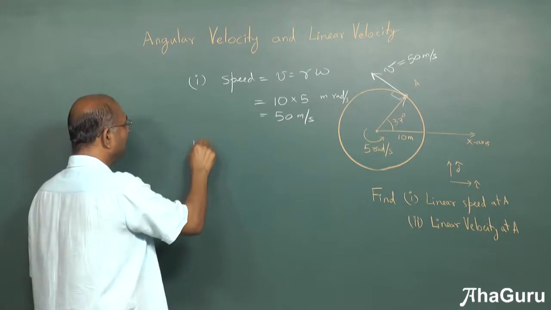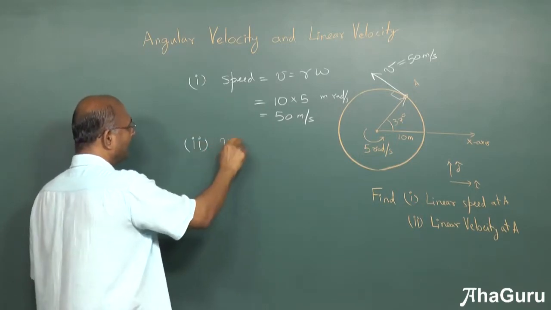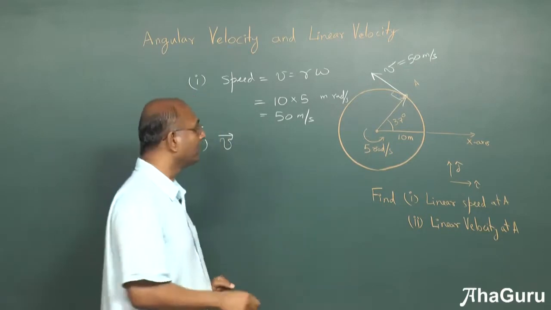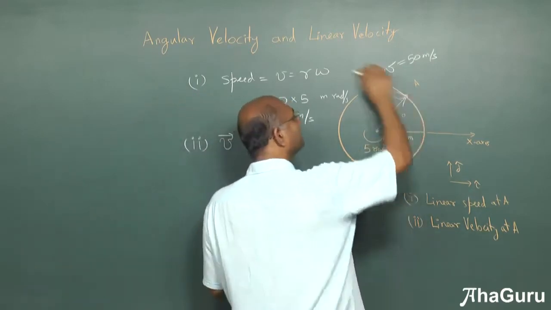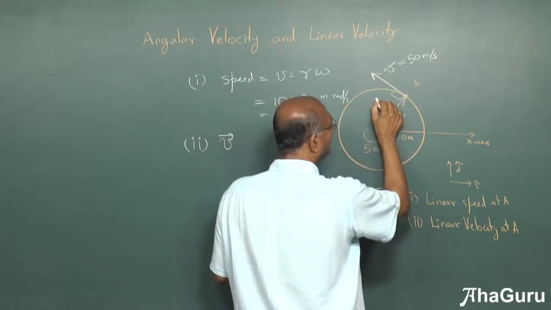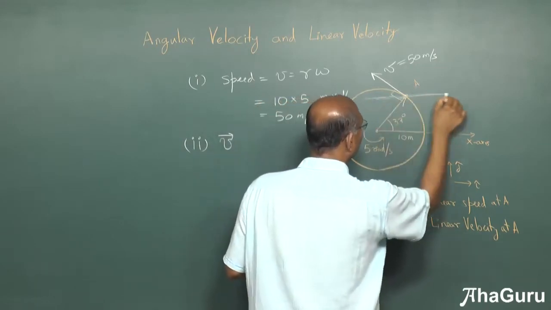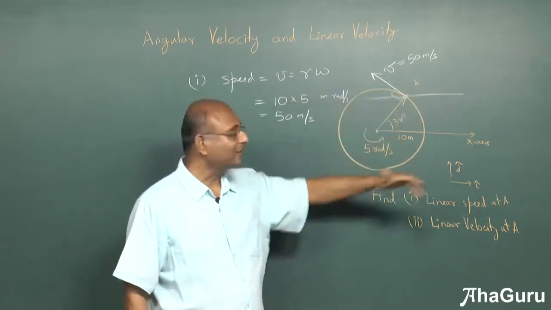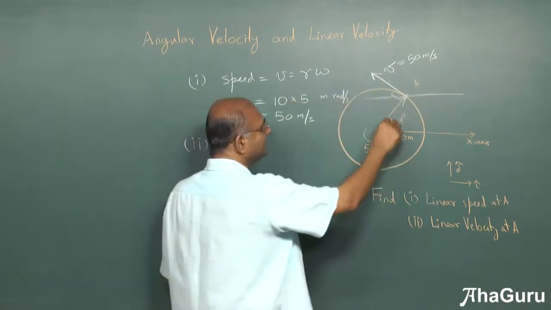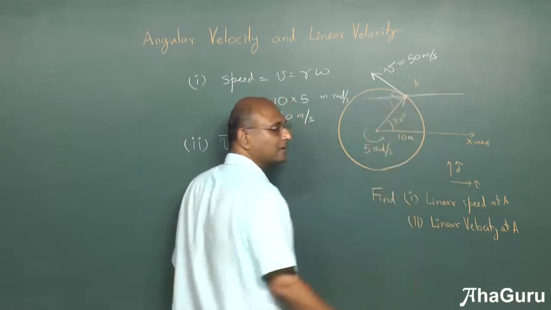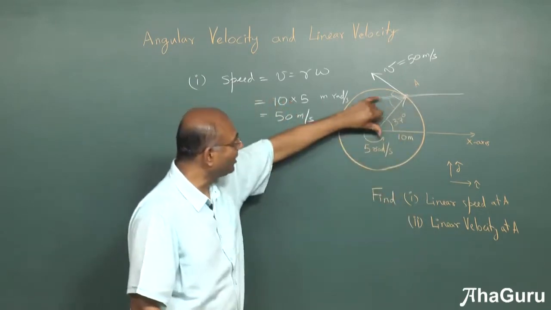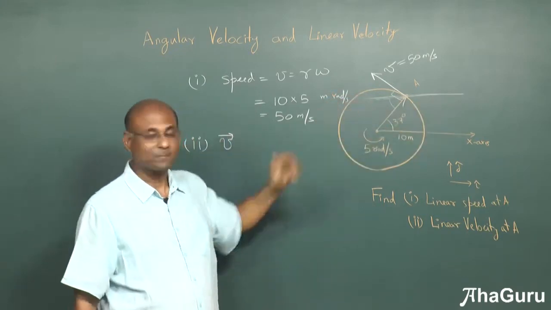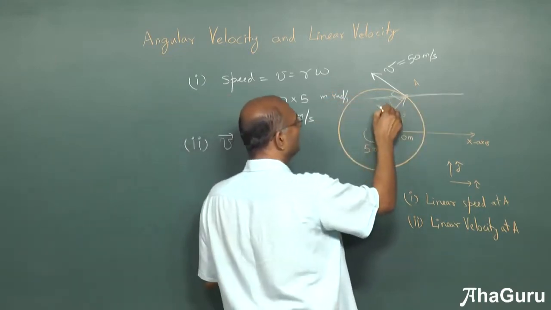I want to know what is the velocity vector basically. When I'm talking about the velocity, I want it with magnitude and direction. Well, it is 50 meters per second, but if I want to know what components it has with respect to i and j, I must draw this axis parallel to the x-axis. Now if this is 37 degrees, what is this? 37 degrees, because they are alternate angles, on the two sides of the transversal. So that means this is 37 degrees.